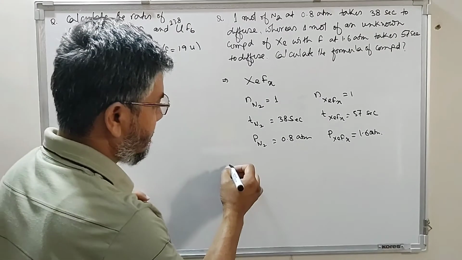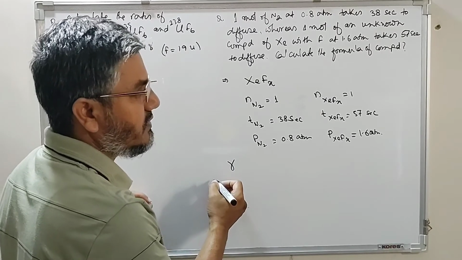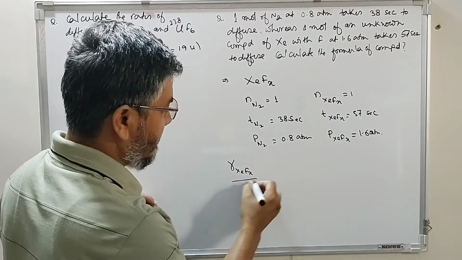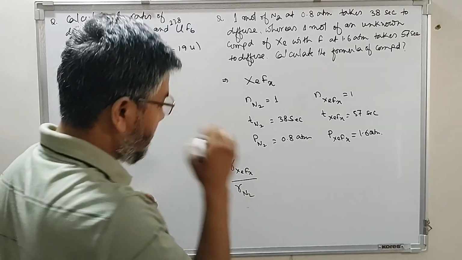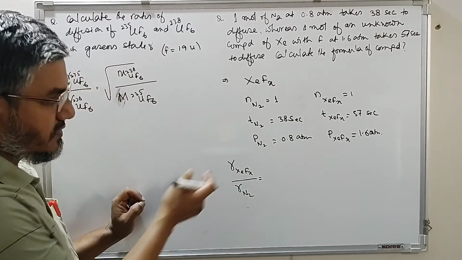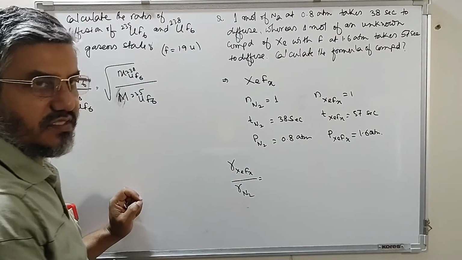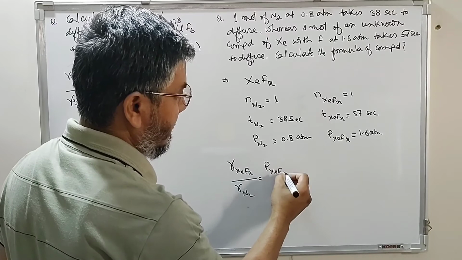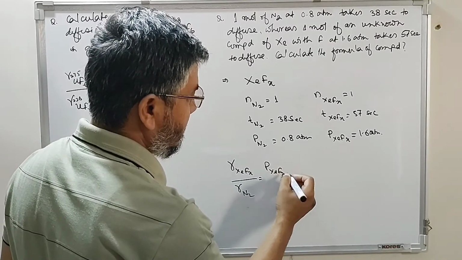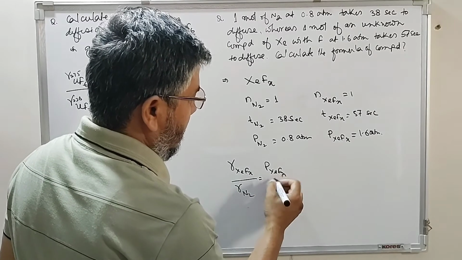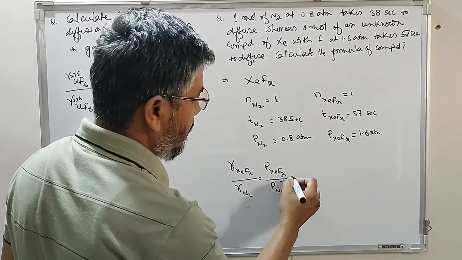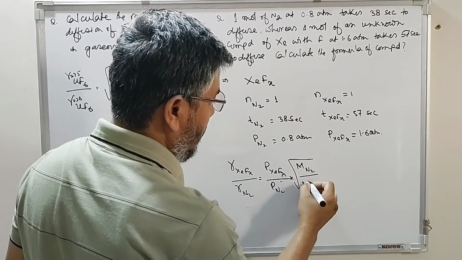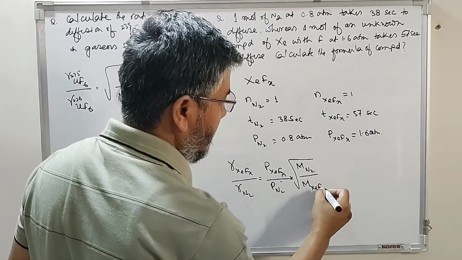Now look at this, we have the ratio of the rates of effusion or diffusion, R of XeFx divided by R of N2. Because the rate is directly proportional to pressure, and the pressures are not constant here, they are different, we have to look at the pressure of XeFx divided by the pressure of N2, times the molar mass of nitrogen divided by the molar mass of XeFx.